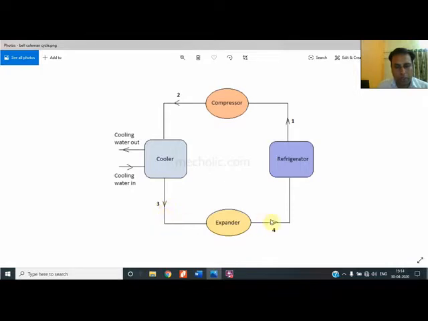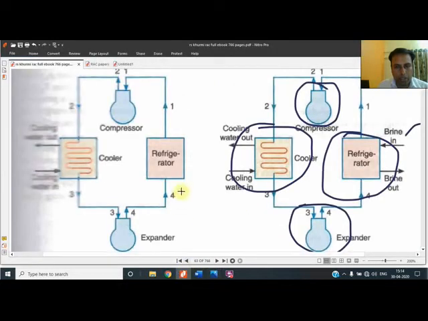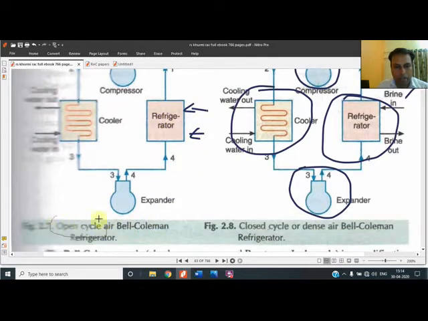Then we are expanding in a turbine so that the air gets expanded to normal pressure, and then it is sent to the refrigerated space. From the refrigerated space, if you are using some other medium, meaning you are not mixing the secondary refrigerant with the primary air, then it is called an open cycle.